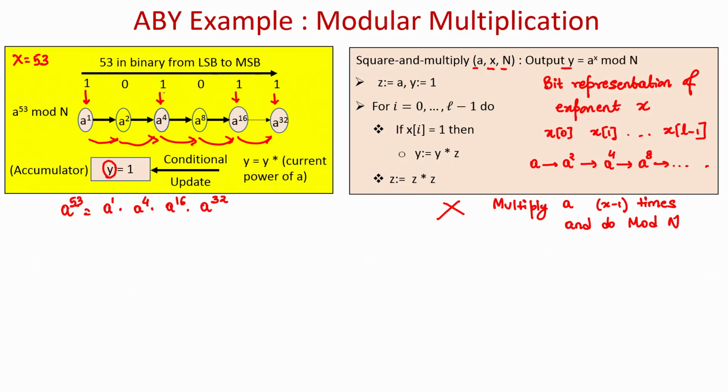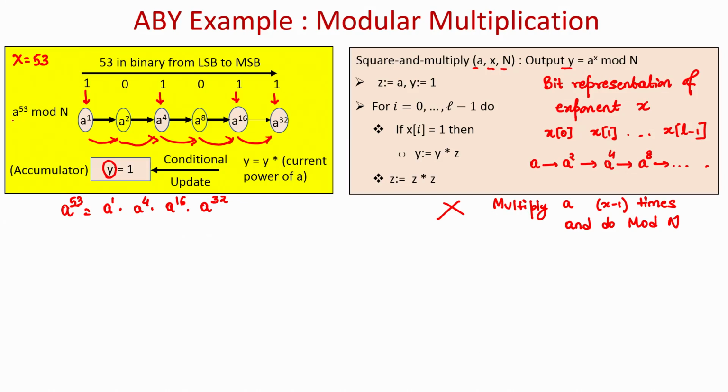Say for instance, the LSB of x is 1. So, we have to take a power 1, then the next bit is 0, so ignore a square, the next bit is 1, so we have to accumulate a power 4 and so on. Okay. So, that is the way we can compute a power x modulo n, and this will not require you to perform 52 multiplications.